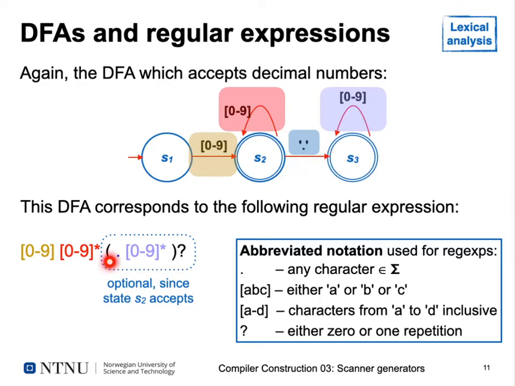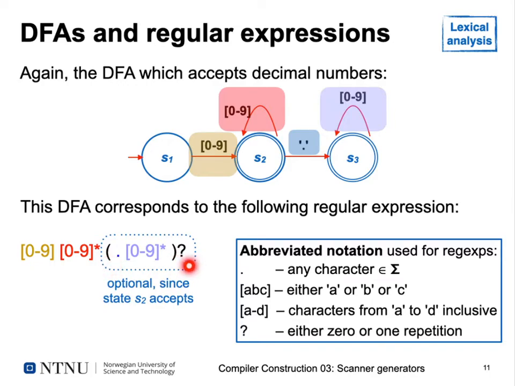So we can go this direction, read a decimal point, and after we read a decimal point, we can read 0 to arbitrarily many digits 0 to 9. To indicate that this part is completely optional because S2 was already an accepting state, we put brackets around this second part, just to indicate that all these belong together.